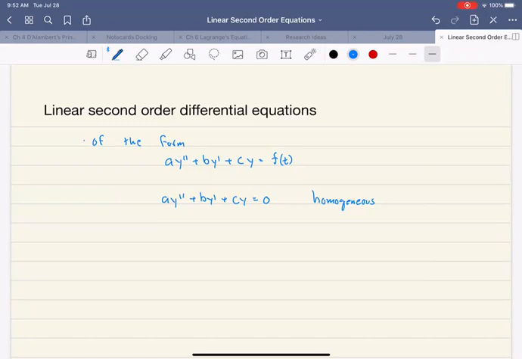So how we solve the homogeneous one is we make an assumption. We assume that y is e to the rt. So if y is e to the rt, that means y prime is r e to the rt, and y double prime is r squared e to the rt.